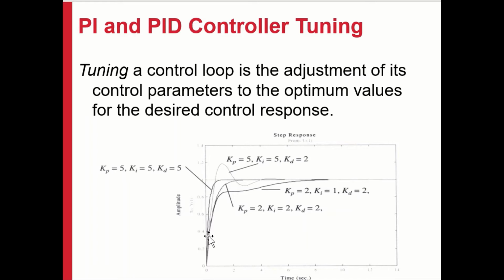So we're looking to minimize the error signal, minimize the area by coming up as quick as you can, minimum overshoot, hold the line and just track the desired set point all the time. That would be a good, well-tuned control system. So what we're looking at is tuning up the PI and then tuning up the PID controller.